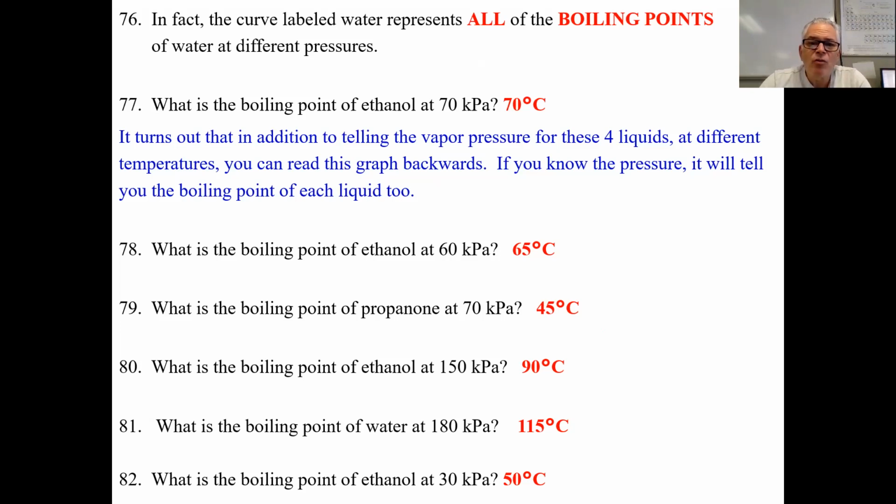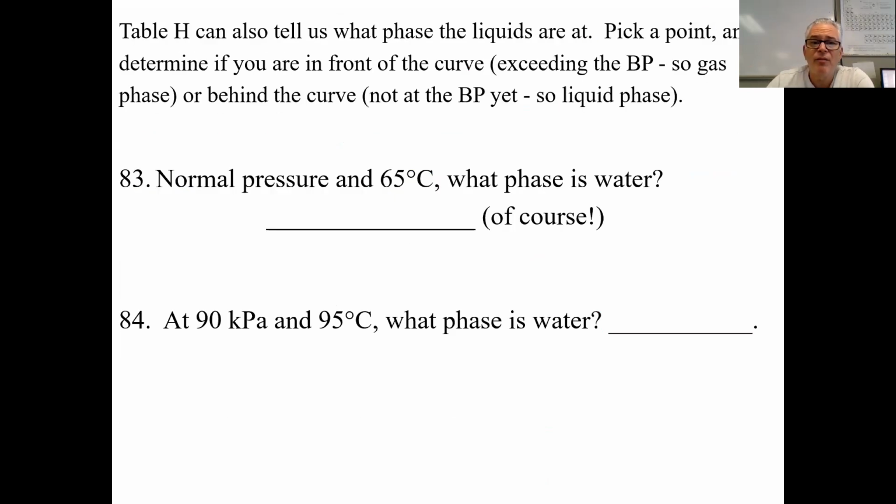Table H allows you to know the boiling point for any of these 4 substances at any pressure. You just find the pressure and figure out where the curved line is, and you read the temperature at that point. Or at any point, you can know, is any one of these 4 substances a liquid, if it's behind the curve, or if it's a gas, if it's in front of the curve.